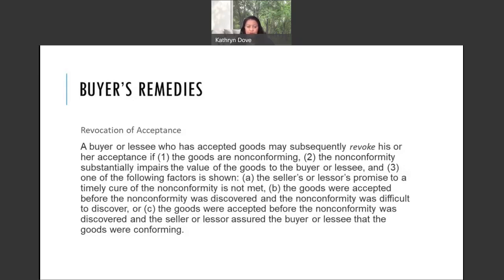The goods were accepted before the nonconformity was discovered, or the nonconformity was difficult to discover at the time of shipment and acceptance, or if the goods were accepted before the nonconformity was discovered, and the seller has assured the buyer that these goods are conforming. So again, under the UCC, the buyer can revoke the acceptance of non-conforming goods.